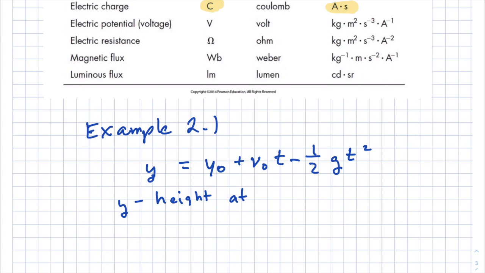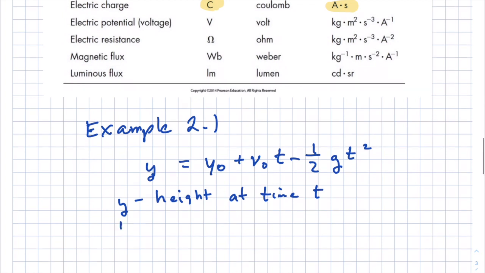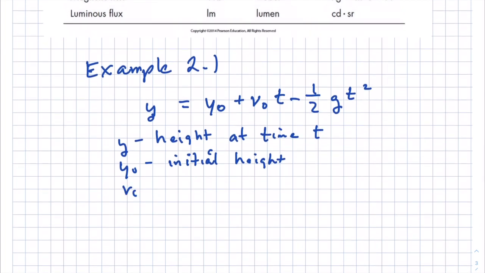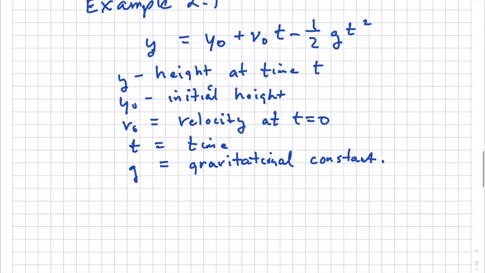So y is the height of a projectile at time t, and y0 is the initial height. v0 is the velocity at time 0, t is time, and g is the gravitational constant. We're going to check the dimensions of these.